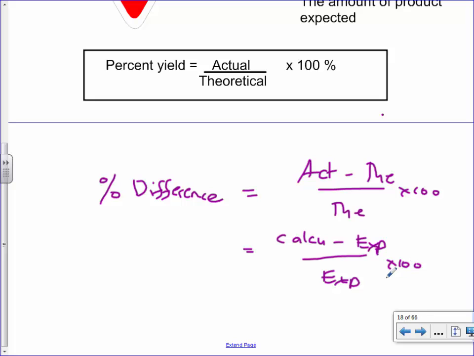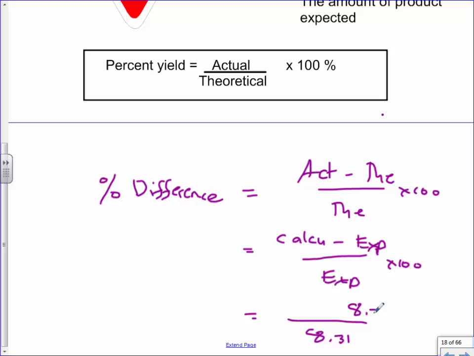Do you guys remember doing this in labs over the last little bit? I hope you do. Ideally, what should your percent difference be? 0. Ideally, when we do a lab, like for example, we did a lab where you were supposed to calculate R. R was supposed to be 8.31. Let's say you got the answer of 12.